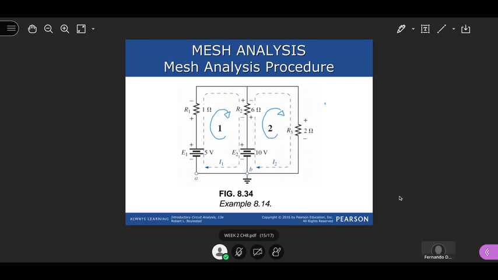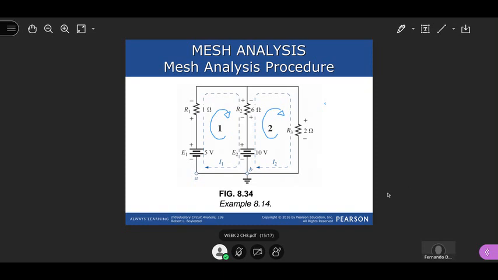So let's go and write our equations. This is the general approach, I repeat again. I will start writing my equation from point A, right here. I will go around the loop, for example from point B, around the loop like this, and the other one I will go this way also. I will follow the direction of the current in the way that I'm going, but I don't have to. You can go any direction.